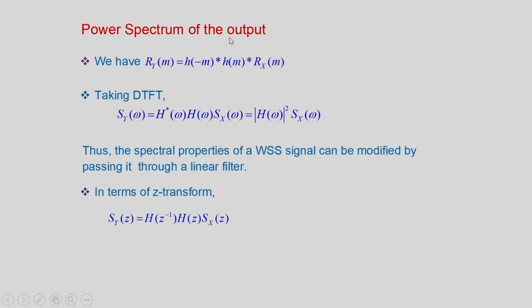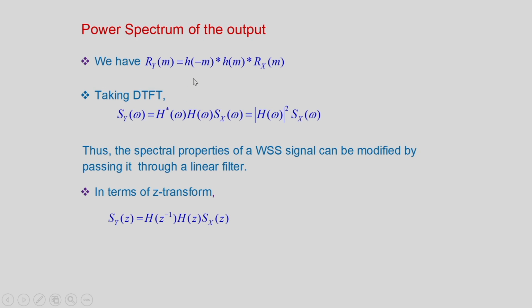Power spectrum of the output. We have Ry(m) is equal to h(-m) * h(m) * Rx(m). Now, again we will take the DTFT. So, DTFT of Ry(m) is Sy(omega).